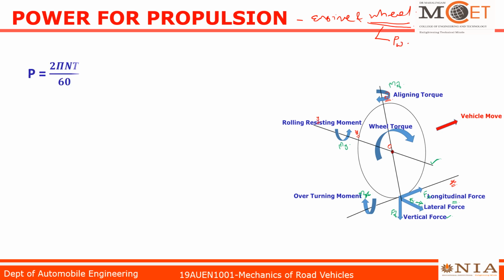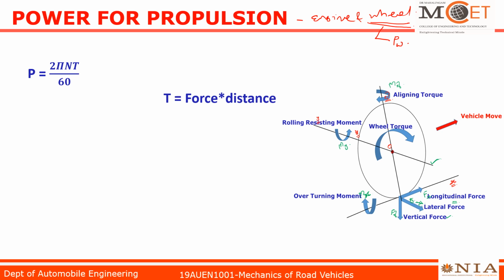We know that commonly power is equal to 2 pi N T by 60. Here N indicates speed or rotational speed of the component in RPM. T indicates torque in Newton meter. And also we know that torque is equal to force into distance.